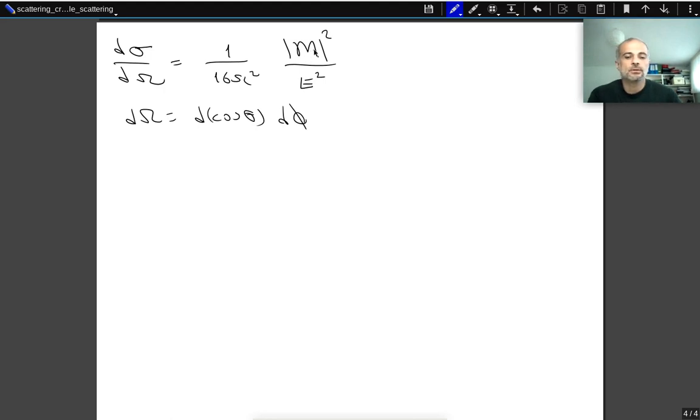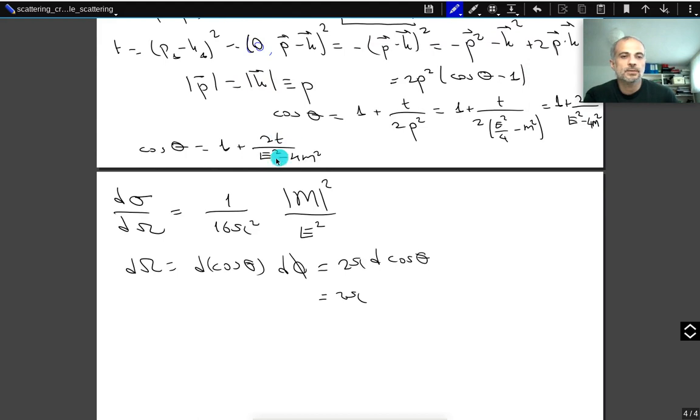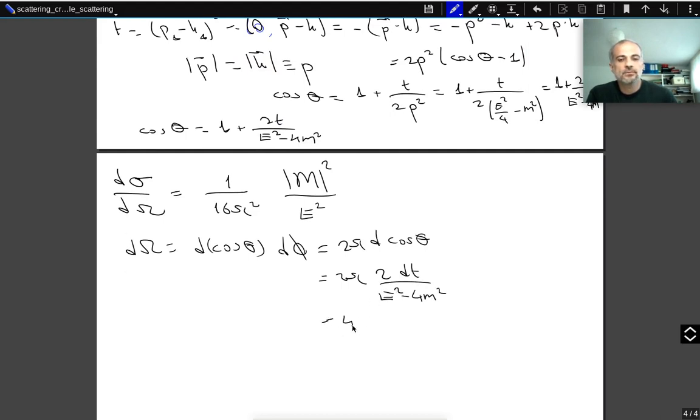M depends only on theta, not on phi, and neither does E. So we can just integrate over phi, and this would just give us 2 pi d cosine theta. Now we had already calculated what cosine theta is, given by this expression. So d cosine theta is 2 dt divided by E squared minus 4M squared. So this is 4 pi divided by E squared minus 4M squared dt. This is our d omega.